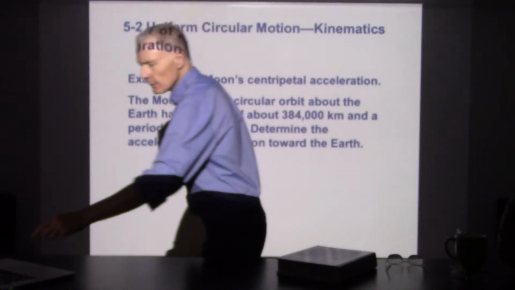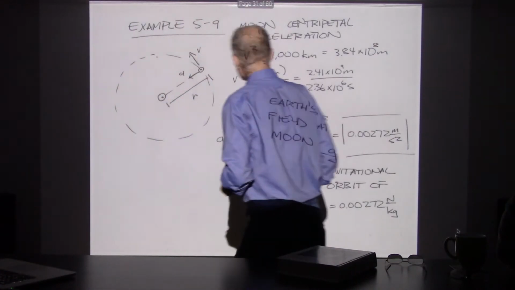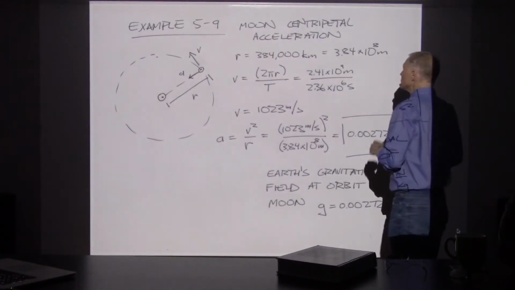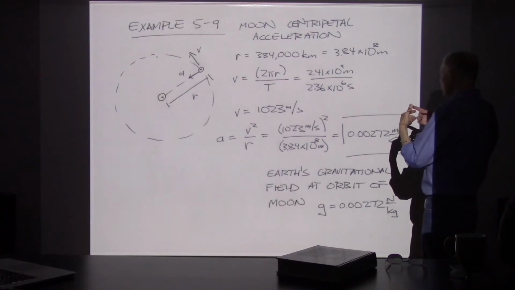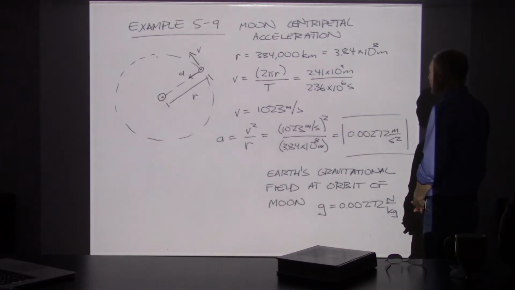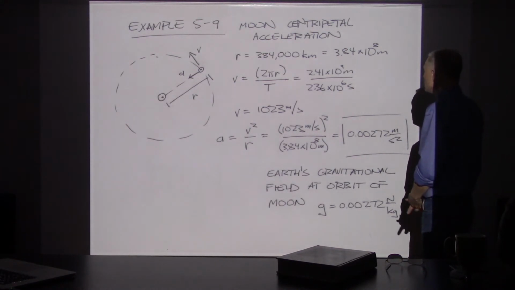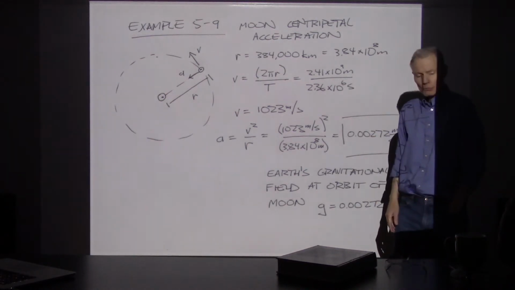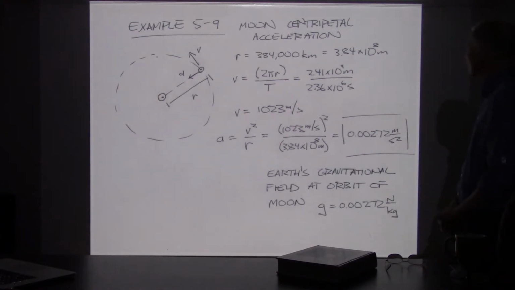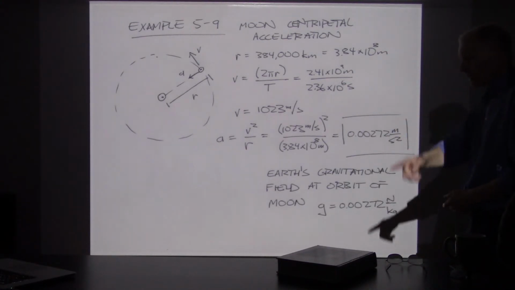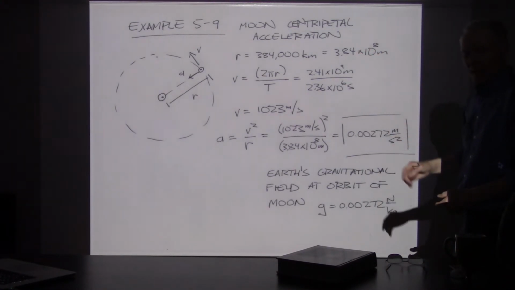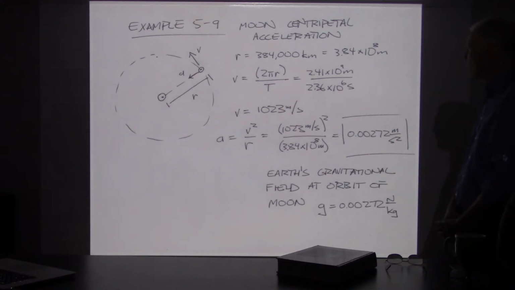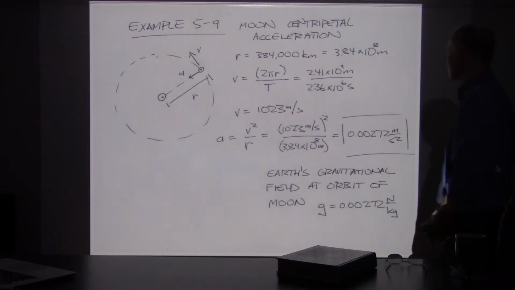So I'm getting the time in seconds for the Moon to complete one orbit, and that is working out to be 2.36 × 10^6 seconds. So that's how many seconds it takes for the Moon, again, to complete one orbit and get back to the same place in its orbit where it started out.